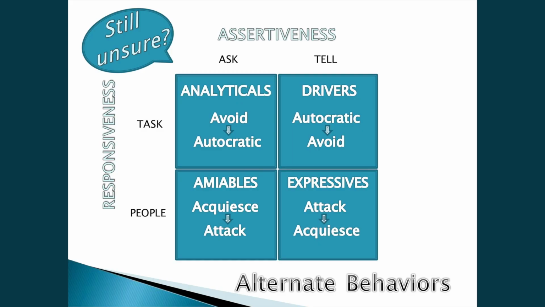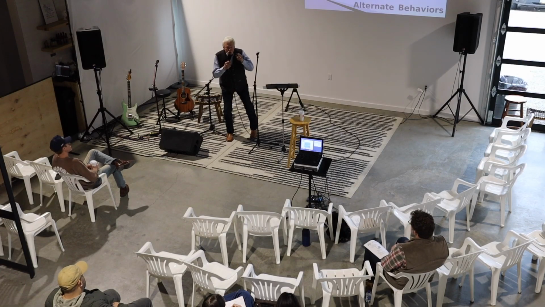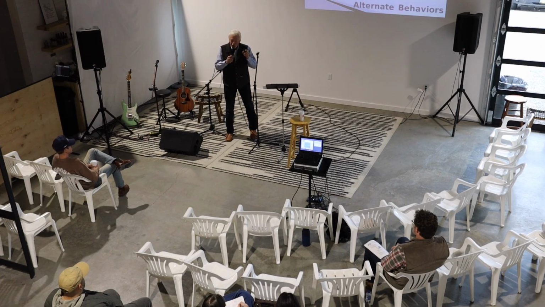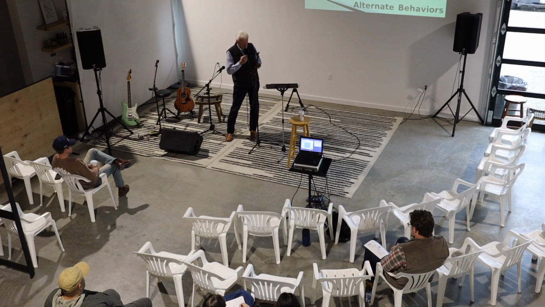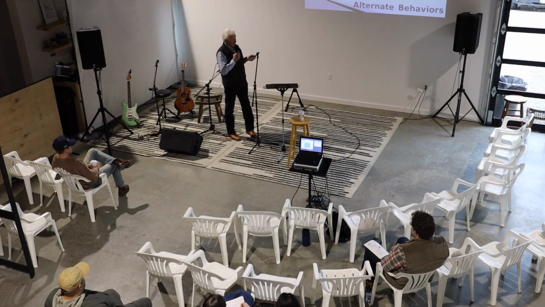All 4 social styles have alternate behaviors. What's an alternate behavior? It's the behavior that happens when you put them in a corner and don't let them up. When they lose their control, when they lose their cool, there's a clear path for each one. And let's start with those alternate, out-of-control behaviors that tell you really who you are.